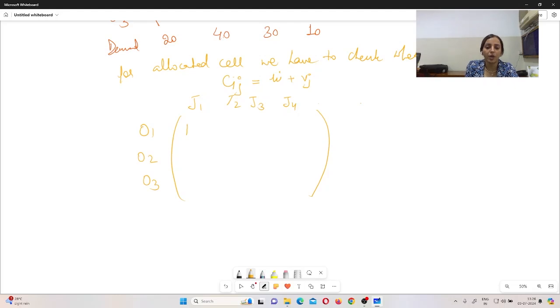Write it over here: O1 to J1 for 20 allocation, O1 to J3 for 10 allocation, O2 to J1 for 20, and O2 to J3 for 10, then O3 to J2 we have given 20 allocation, right? This is the way we have done it. How many allocations are there? 1, 2, 3, 4, 5, 6 allocations are there.